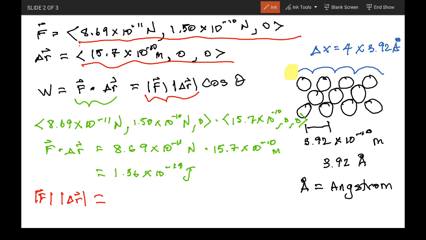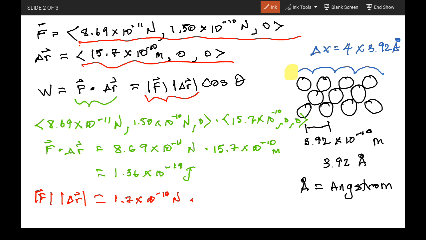But I know when I only have one component of a vector like delta r, that the magnitude is the size of that one component. And then f, we know from what was given to us in that article. So f was 1.7 times 10 to the minus 10 newtons.